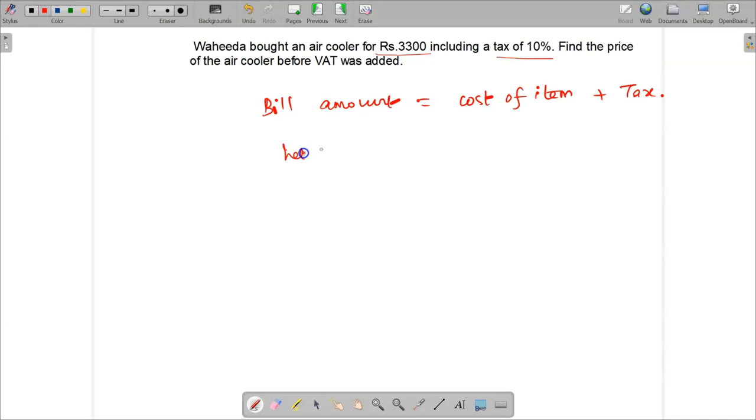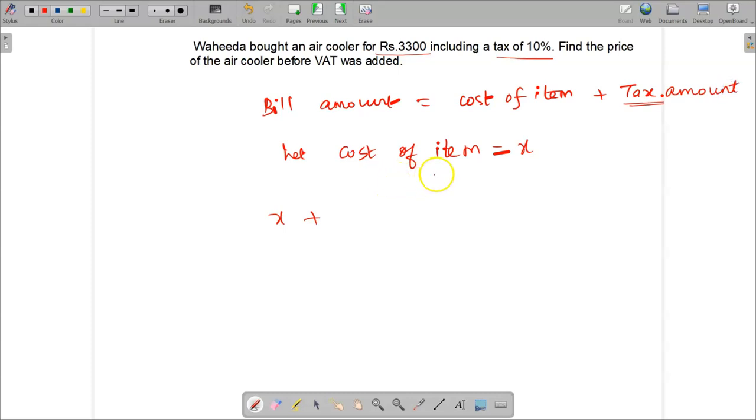Let the cost of the item equal x. So x plus the tax amount. The tax amount they didn't give, but the tax percentage they have given.